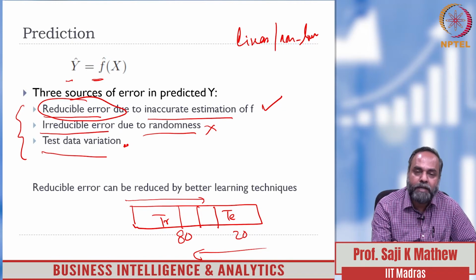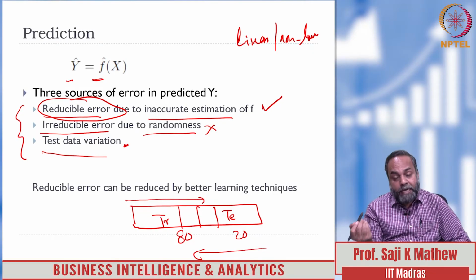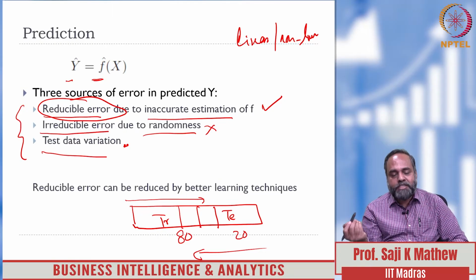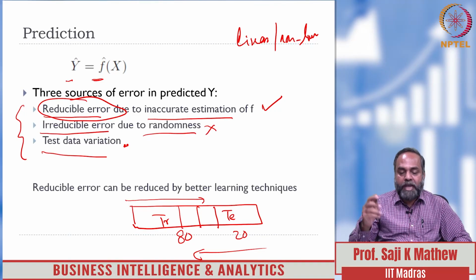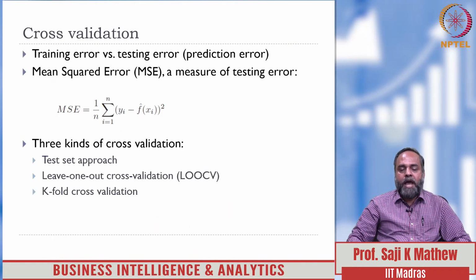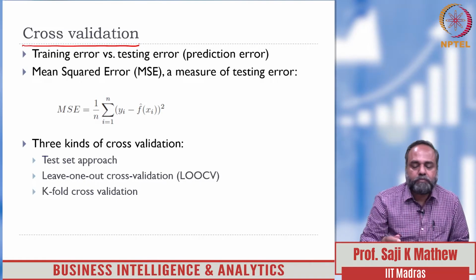Suppose you randomly pick 80% of the data, you have another possibility, then again the model will be different and the test error will be different. So test data itself is a source of reported error variation, and how this problem can be addressed is known as cross validation.